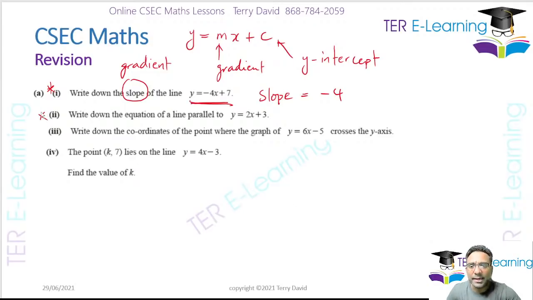Now, this next part here, they want us to write down an equation of a line which is parallel to this line. Can you all tell me what the answer is for part 2?